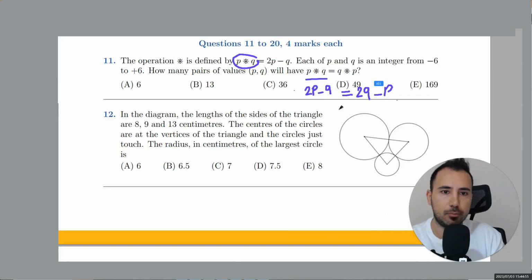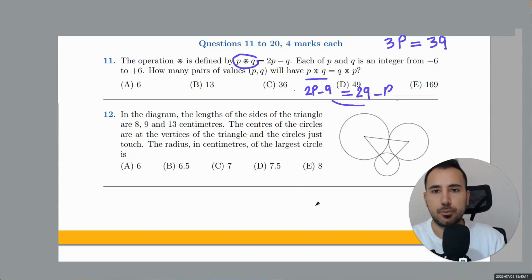So this negative q goes to the other side, and this one to the other side. So it will be 3p equals 3q. So p and q must be the same. For all values where p and q are equal, we got the answer.